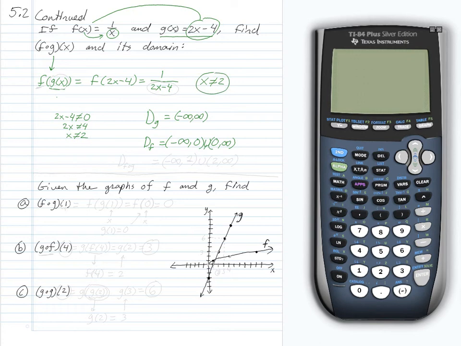So the domain of the inner function is all real numbers. We can plug anything into that, but we run the risk of making g be 0, making the denominator of our final function be 0. And that happens when we plug 2 into the composition function. So the domain of f composed with g is negative infinity to positive 2 union 2 to infinity.